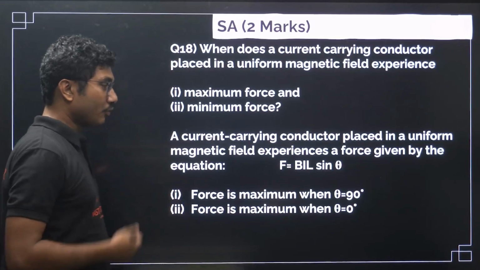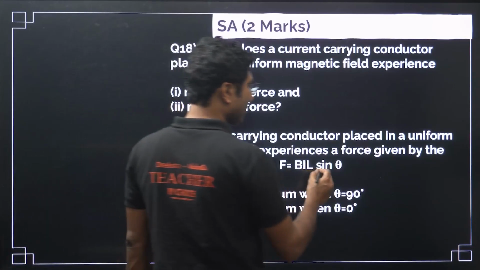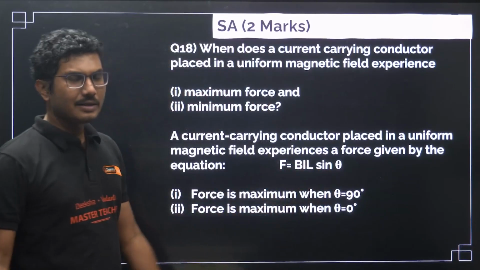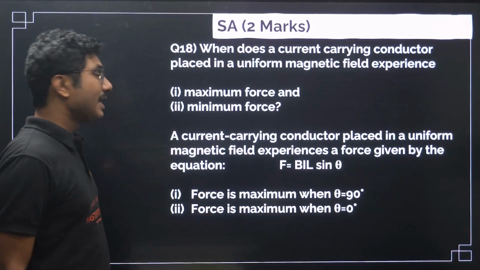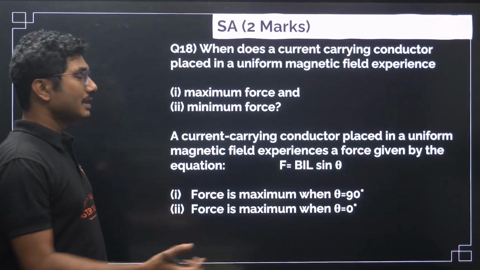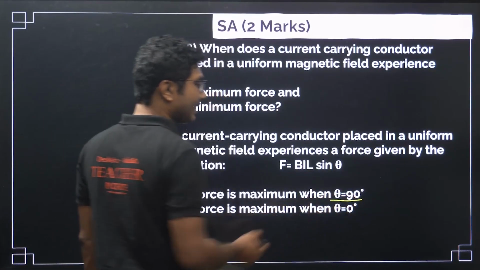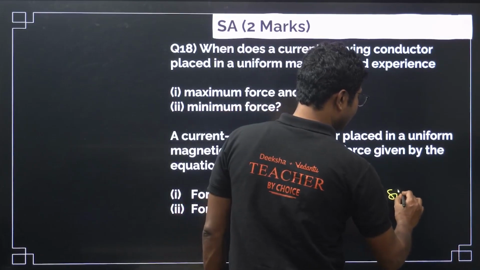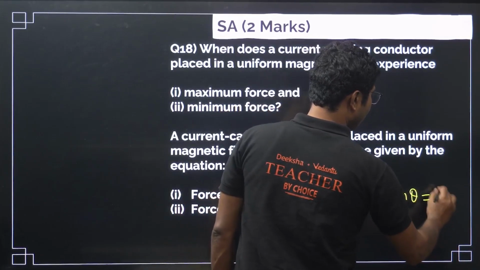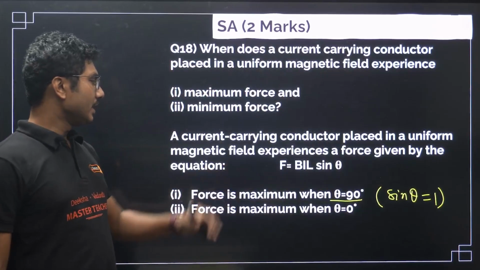Now, the force will be maximum when sin theta is 1, because B, I, L are constant for a particular given current carrying conductor; the magnetic field is fixed and the length is fixed. So only sin theta can vary. So force will be maximum when theta is 90 degrees, that is sin theta is 1.